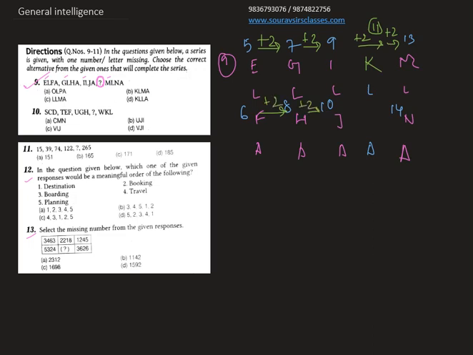Adding 2 will help to get our required answer. Therefore in the fourth position we get 12, and the alphabet corresponding to 12 is L. Therefore our required cluster is KLLA.